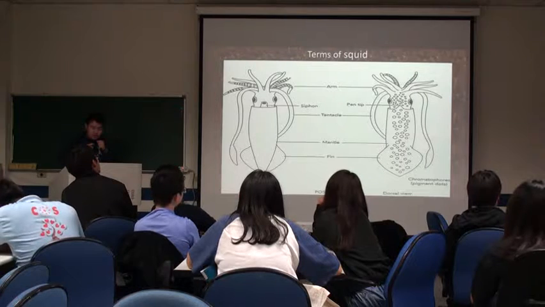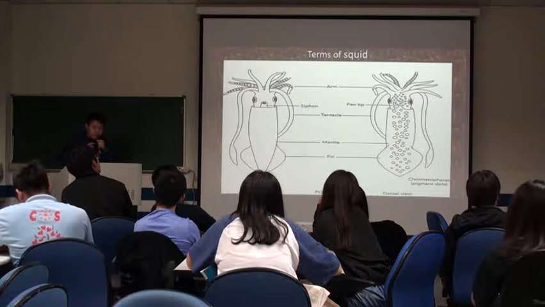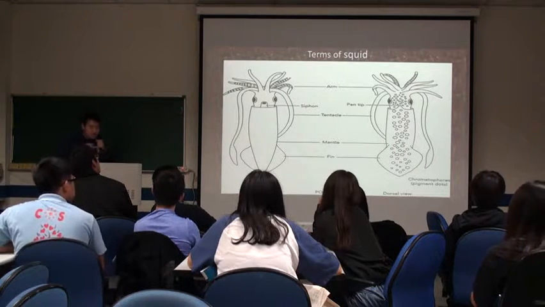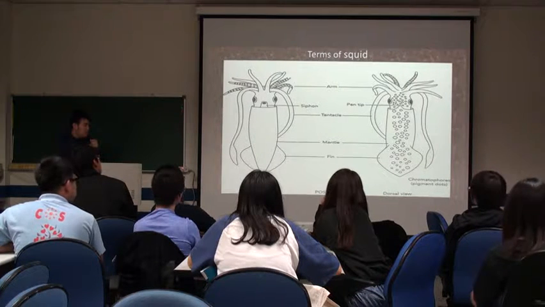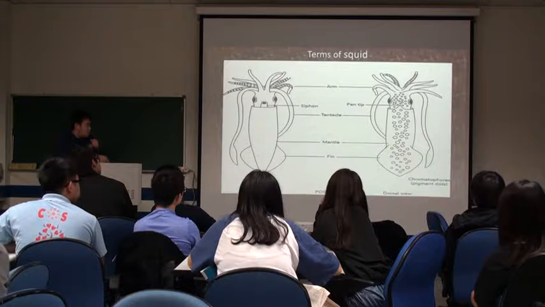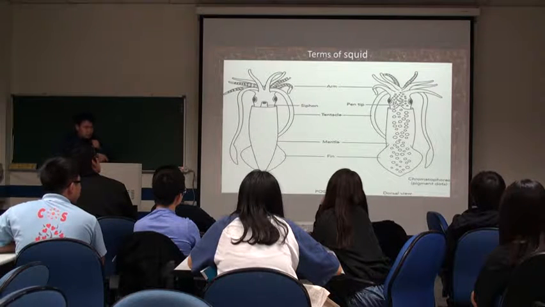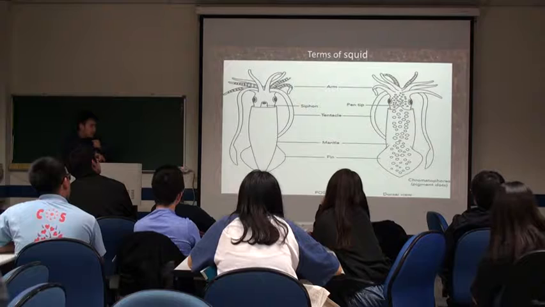The fin helps them swim faster. On the right side, you can see the dorsal fin, and I usually call this the positive side, and the ventral view is the negative side.